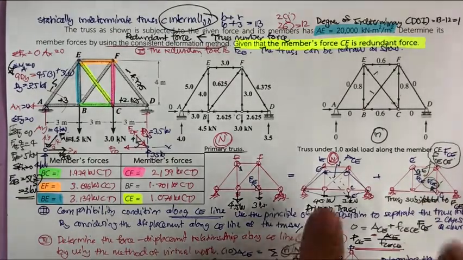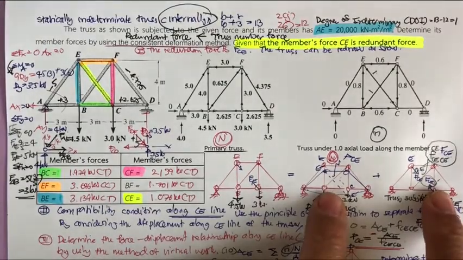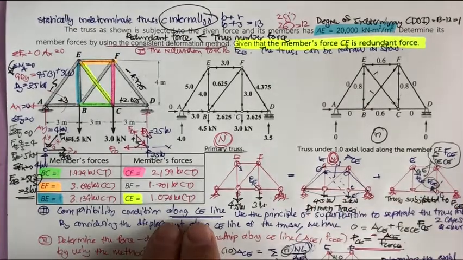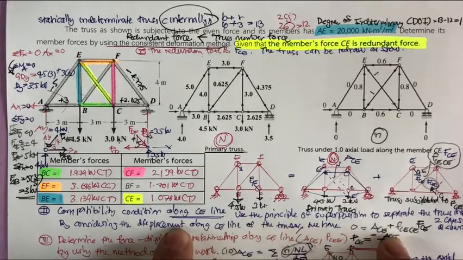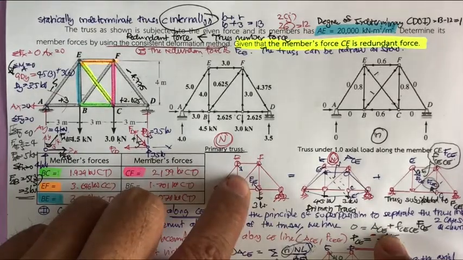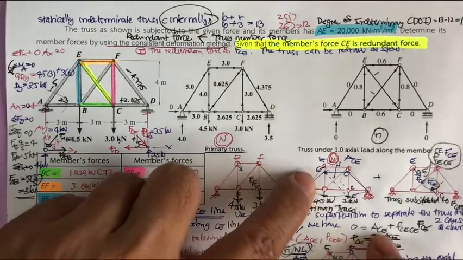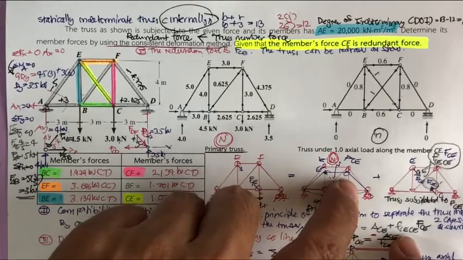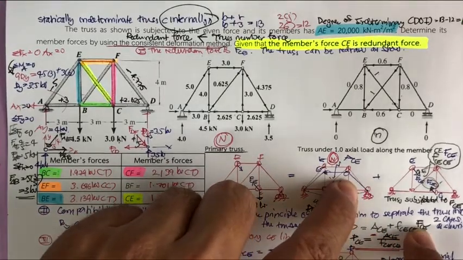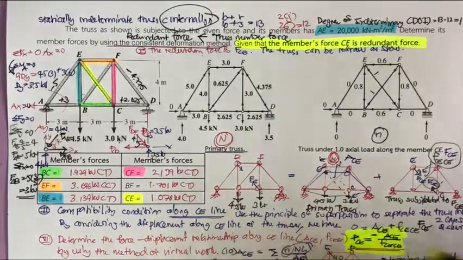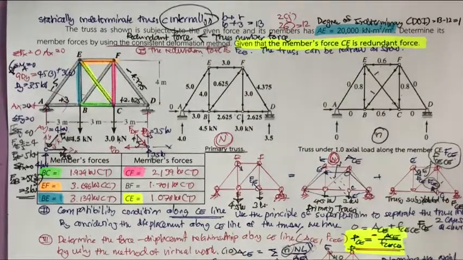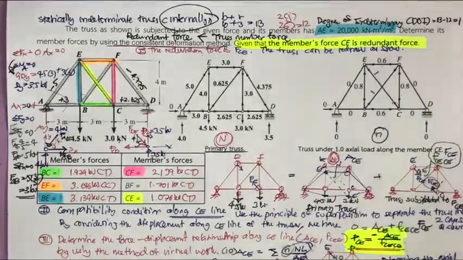And if you consider the deformation of this structure, especially along the CE line, you can write the compatibility of 0 equal to delta sub CE plus F sub CE times the redundant force. So the equation of the redundant force is going to be this one. Don't forget the negative sign over here also.